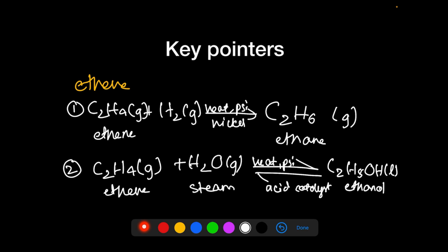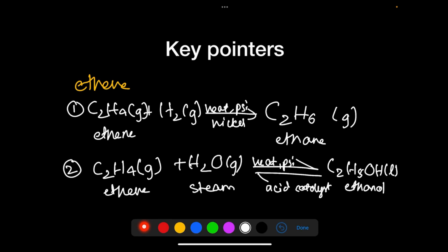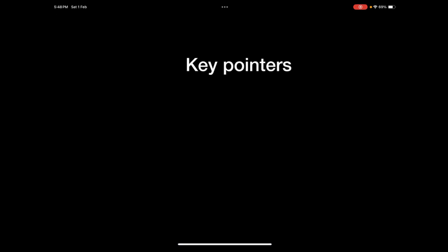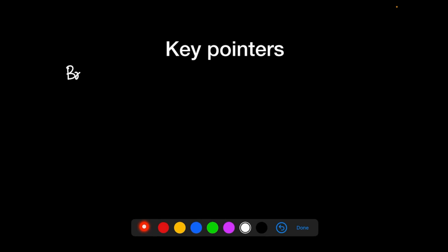Now we look at the test for unsaturation. We do this using bromine water. Honestly, bromine is so notorious because it is red, orange, brown, and even yellow sometimes in the marking scheme. For now we just take it as orange because that's the safest option.